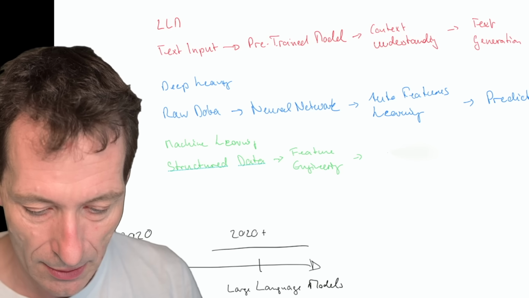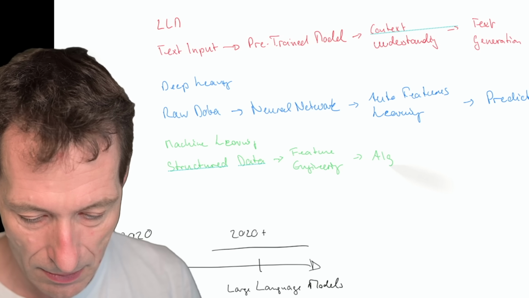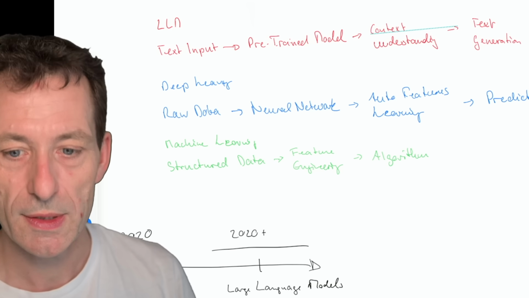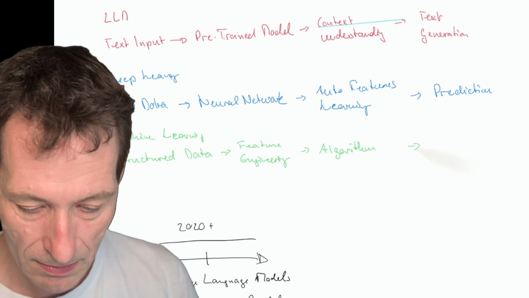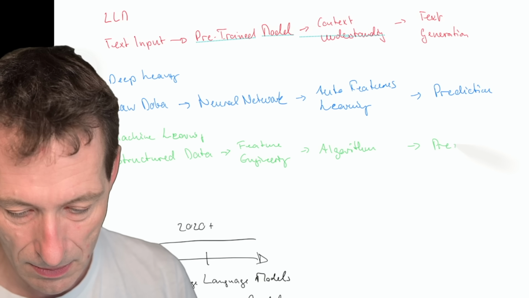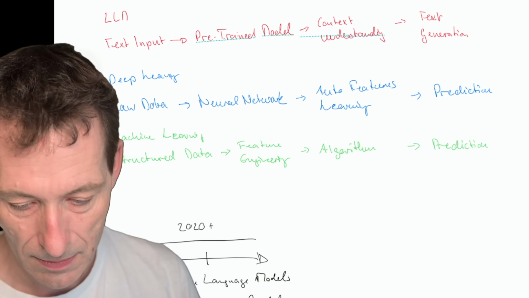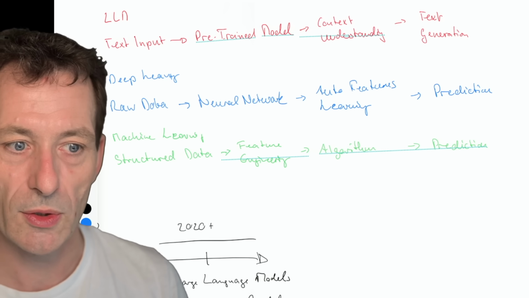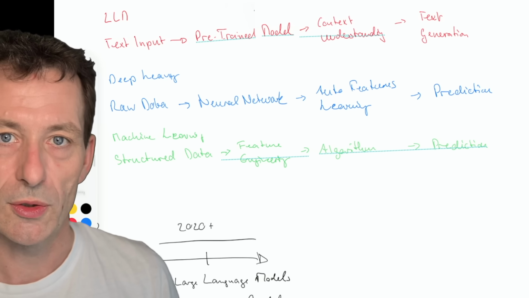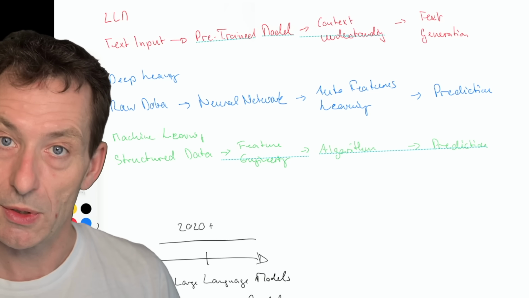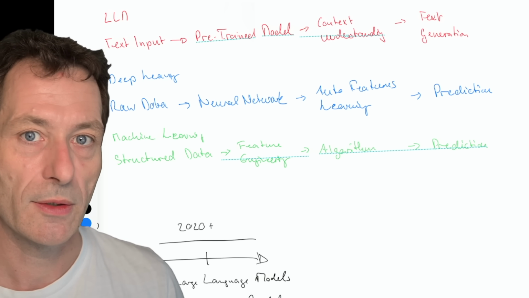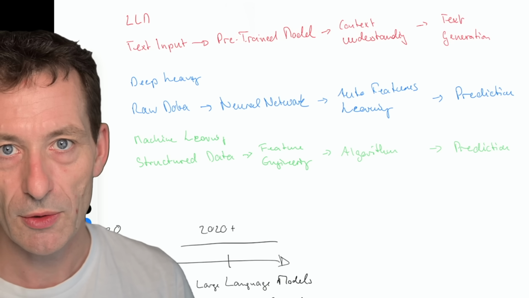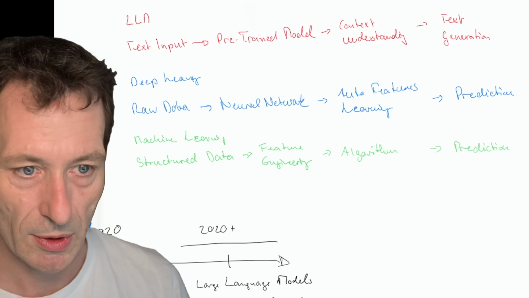Then you select an algorithm to process these features, and you make a prediction out of that. So this is of course not human-led, but it's with a lot of human intervention, and it's very, very different from deep learning, and it's completely different from large language models.